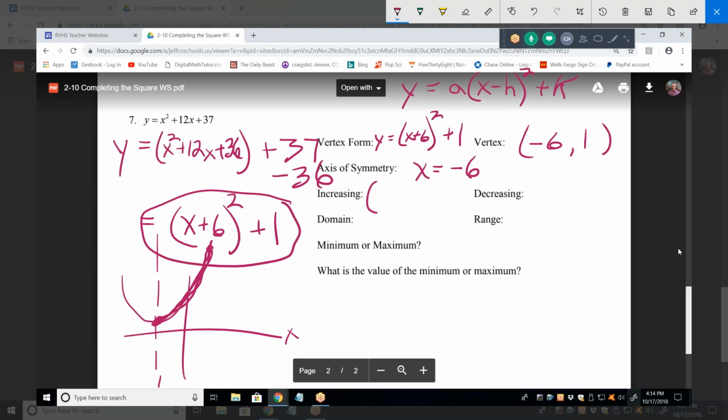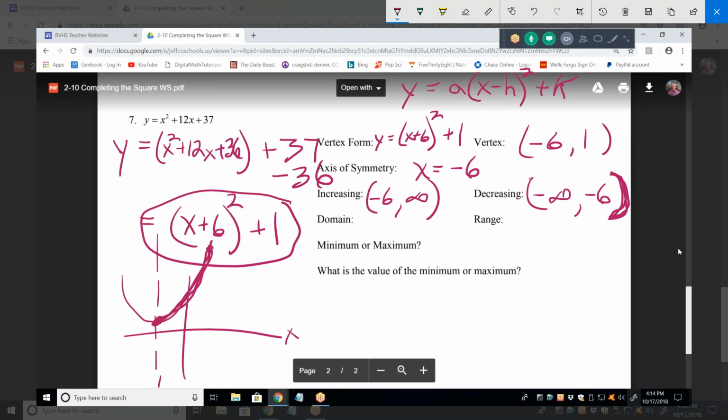So negative 6 to positive infinity. Good. And it's decreasing from negative 6 to... No, always go from left to right. Negative infinity to negative 6. And it's a bracket for the negative 6, right? Actually, it isn't. It's a parenthesis, because at negative 6, it's neither increasing nor decreasing.